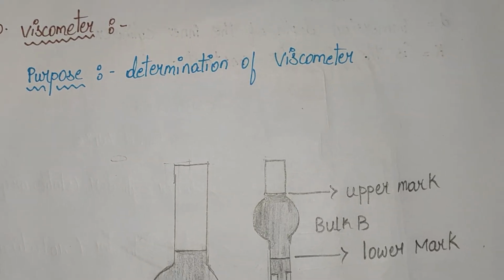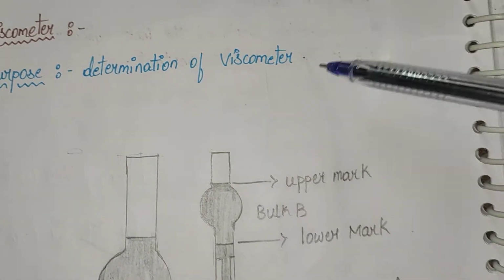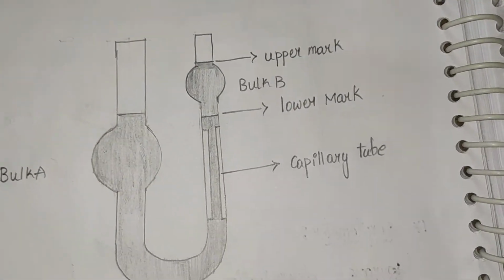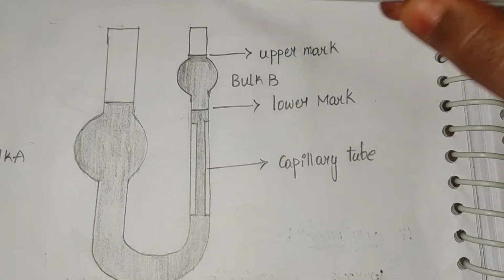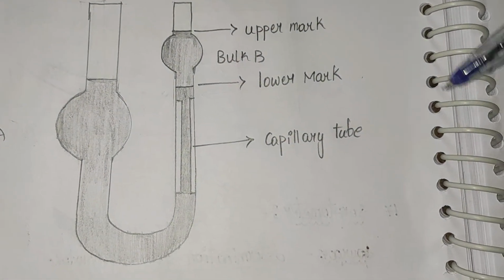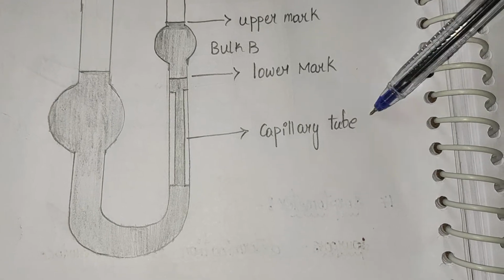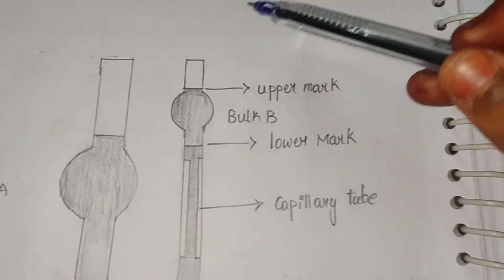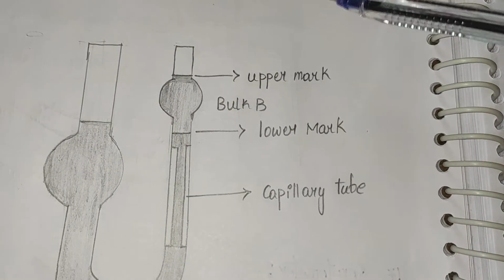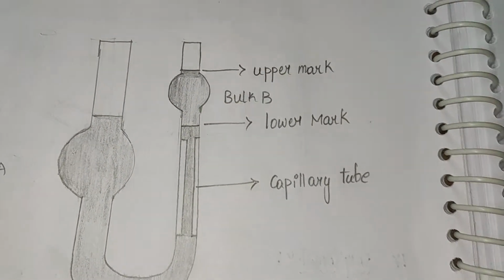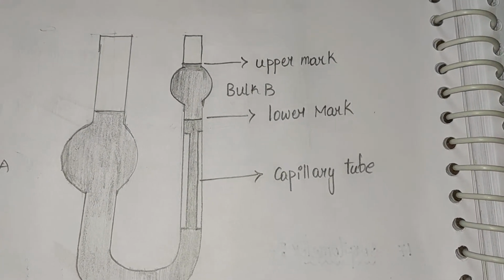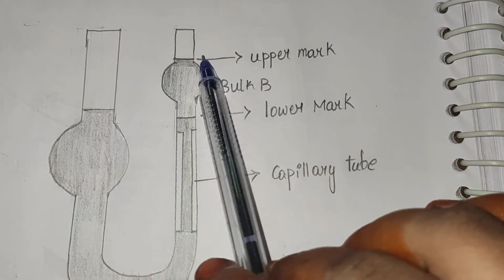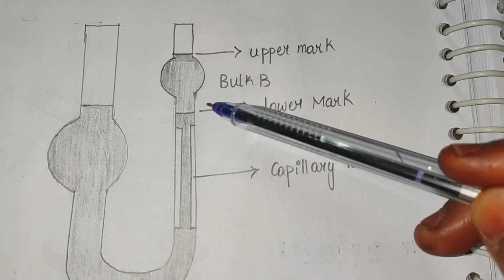So now the next one is the viscometer. So it is used for the determination of viscosity. Before we start this, we have to take a stop clock. So first we have to take a sample and start the clock. So first we have bulb A and here we have bulb B. It is upper mark and it is lower mark.